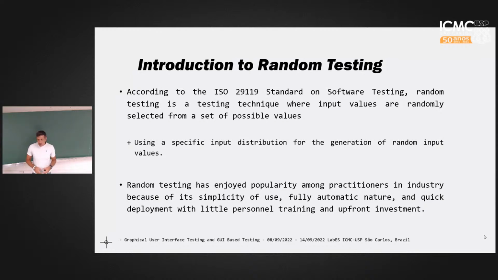Okay, yesterday we analyzed random testing, the online testing technique, and we observed that when we are in a given state, we can trigger a specific event in order to reach another state.